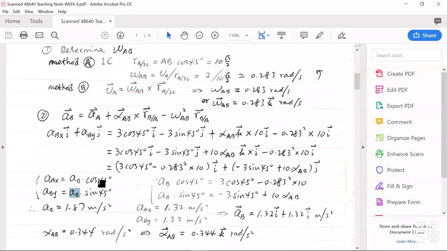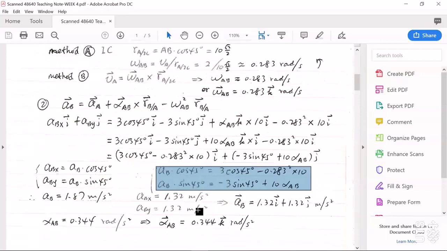So this means finally we only have two unknown parameters. One is aB and another one is alpha AB. So using these two scalar equations, we can work out our final answer. aB can be worked out and alpha AB can be worked out.